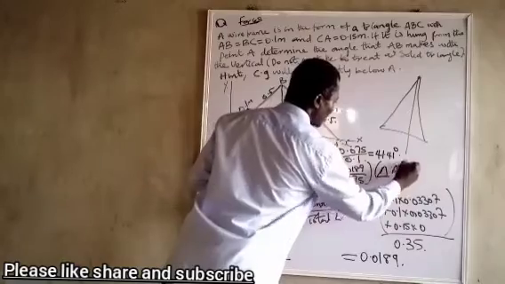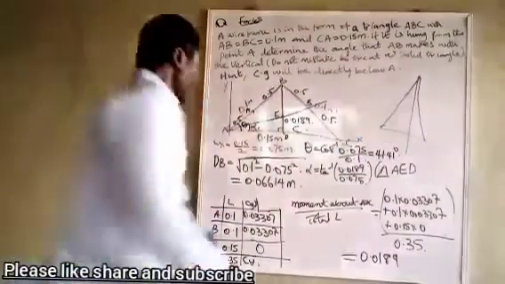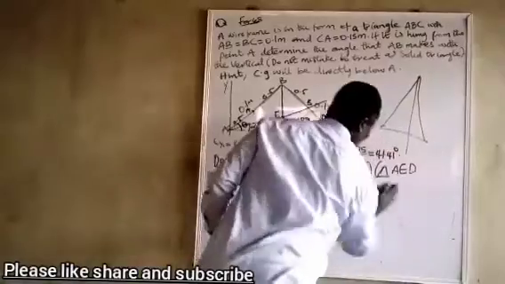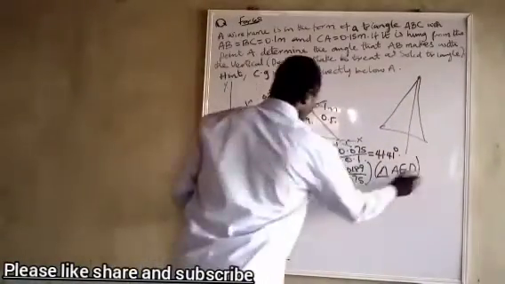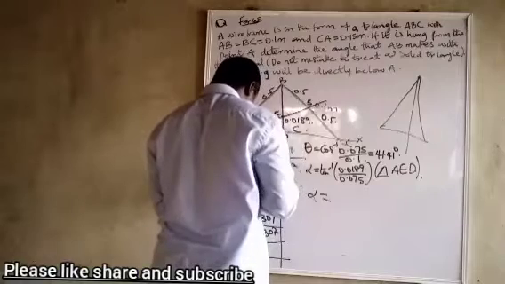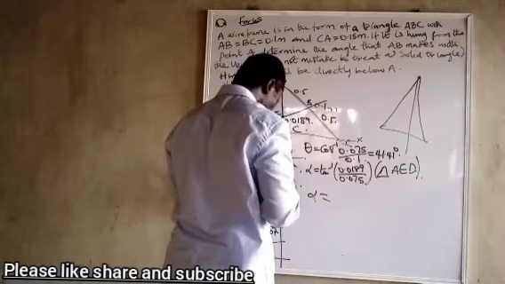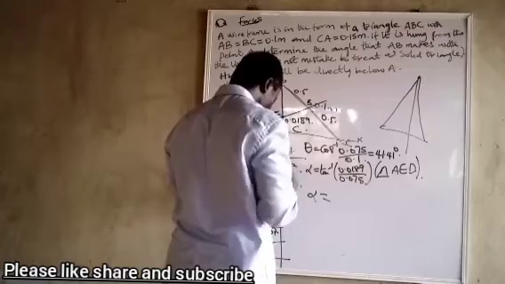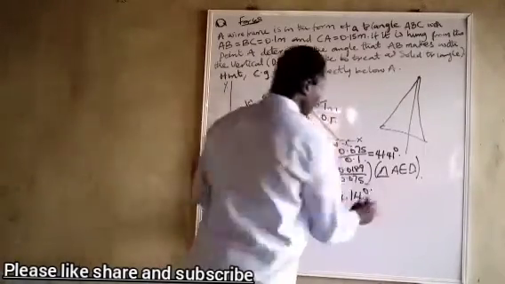Triangle AED, please note. So for triangle AED, this is the ED. So alpha is equal to 14.14 degrees. You can see now.